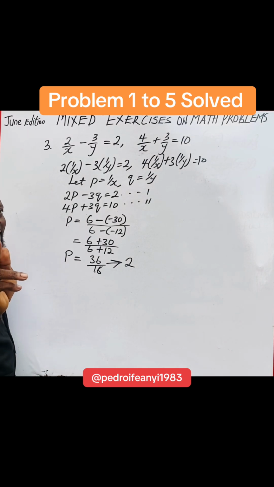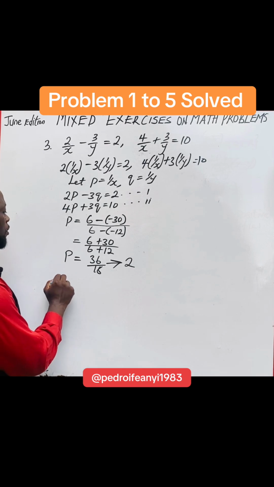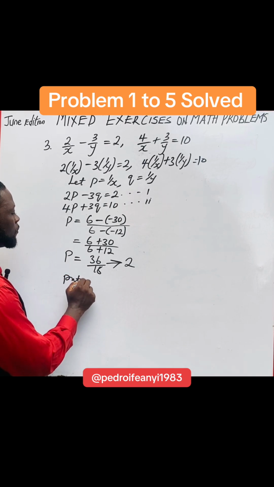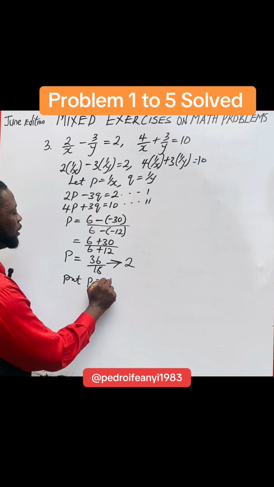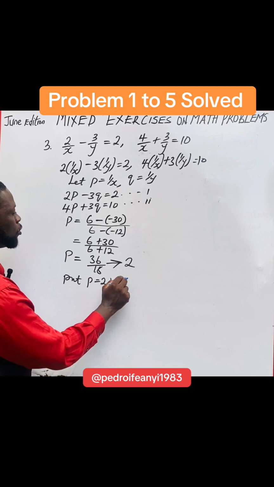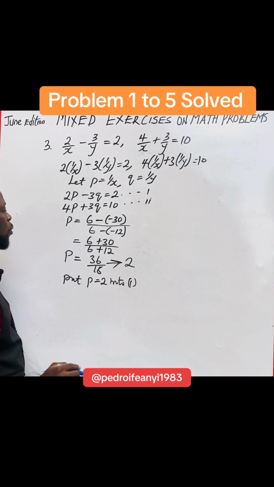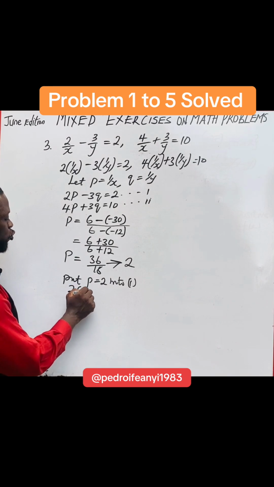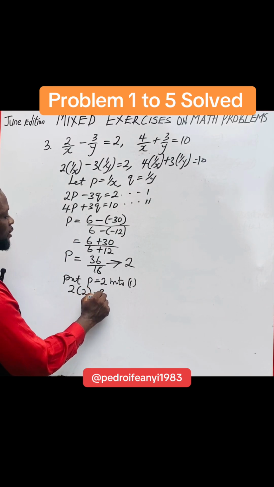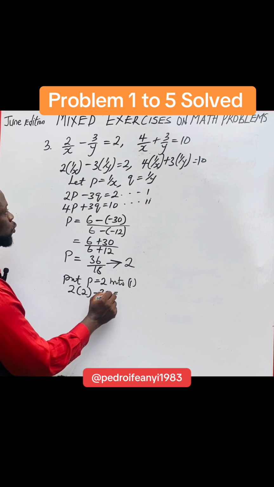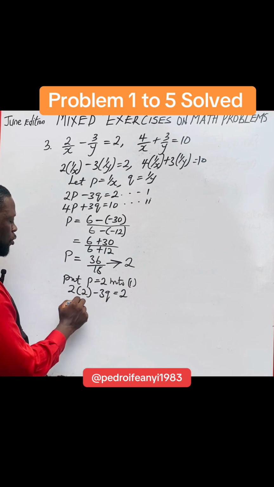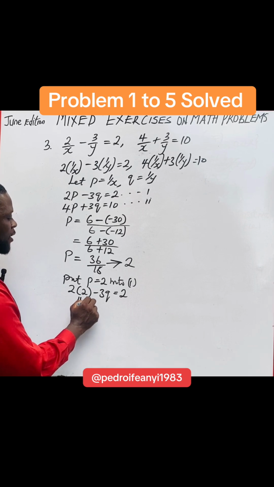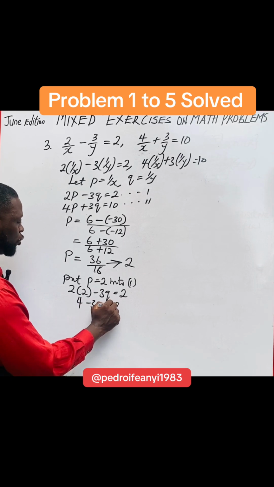All right. So how do we get our Q? Simple. Put P equal to 2 into equation 1. So where you see P, you put 2. So you have 2 times 2 in equation 1, minus 3q equal to 2. So you have 4 minus 3q equal to 2.